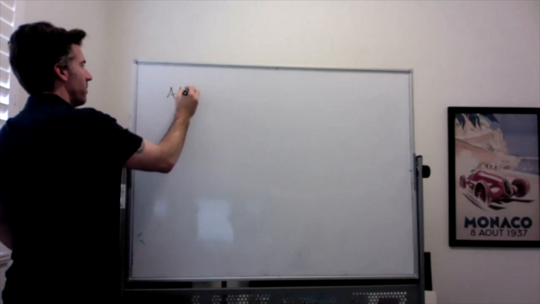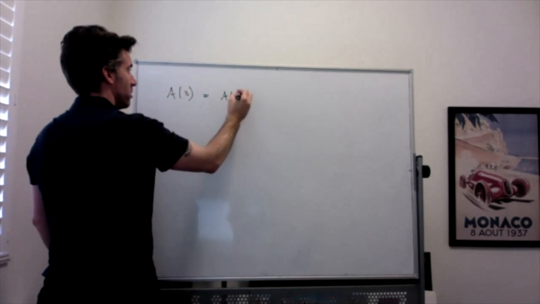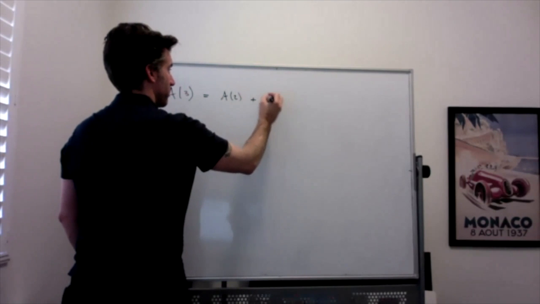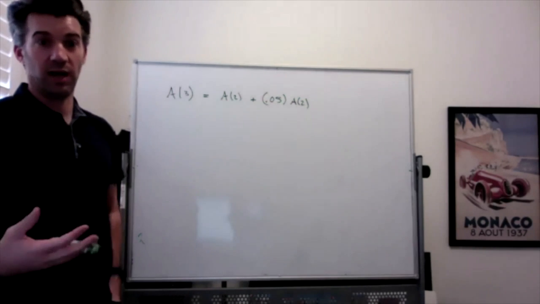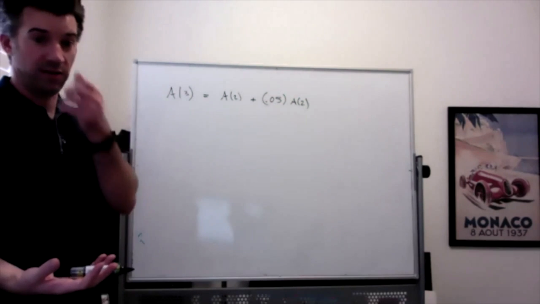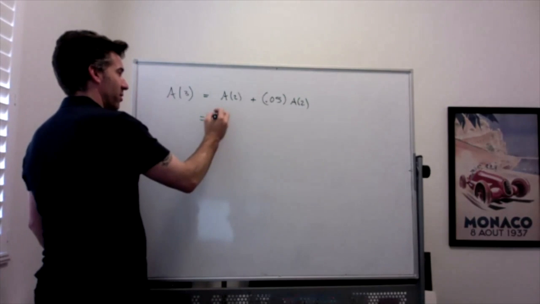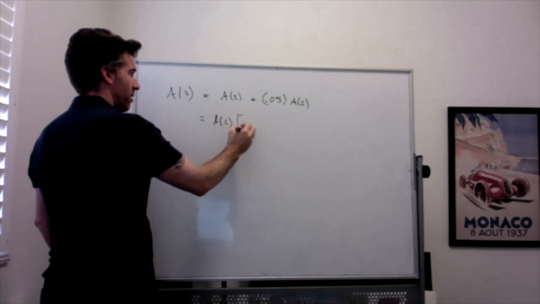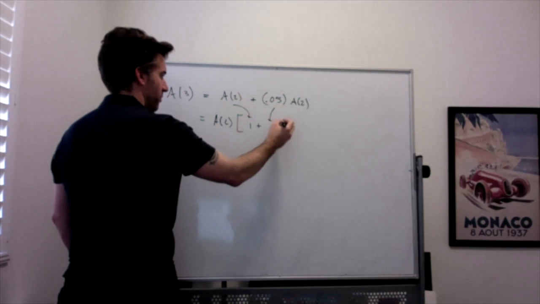Right, we could say that in year 3, I'm going to have all the stuff I had from year 2 plus 5% of that. Each year, you're just getting an additional 5% of what you had the year before. So I can totally factor out the A of 2, and I'm left with a 1 plus 0.05.